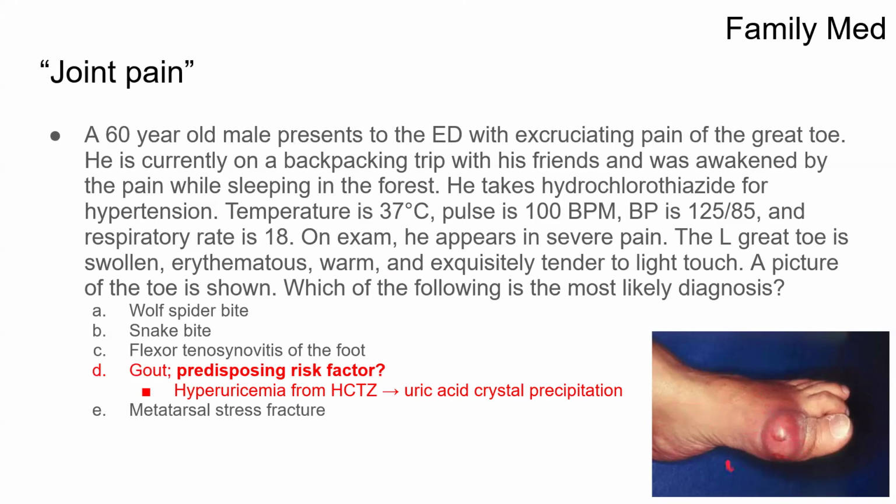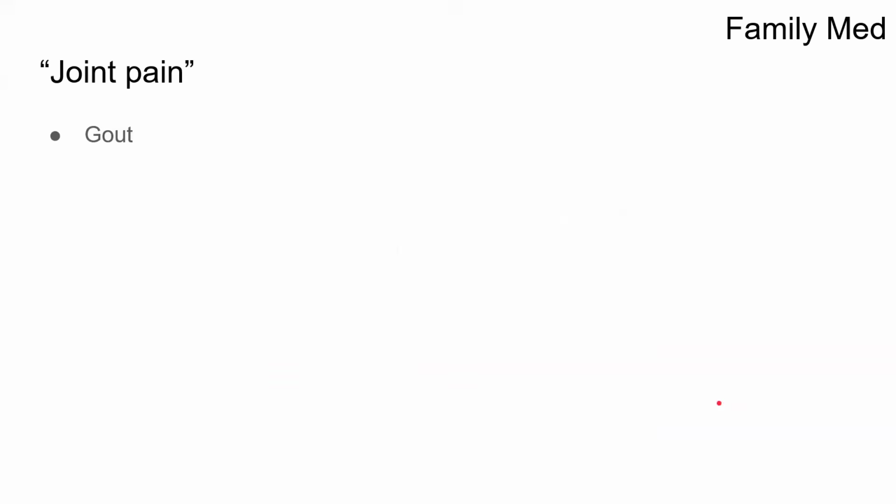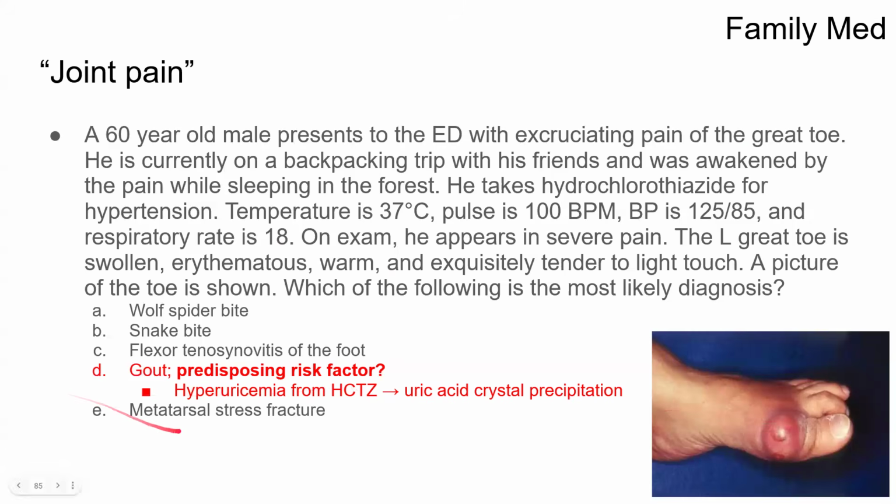And again, you wouldn't have this tophus on the foot. You would have maybe erythema, probably not erythema, but you would have tenderness to deep palpation of the metatarsal. So again, the picture is different. And again, the time frame of a metatarsal stress fracture is nowhere near as acute as gout.